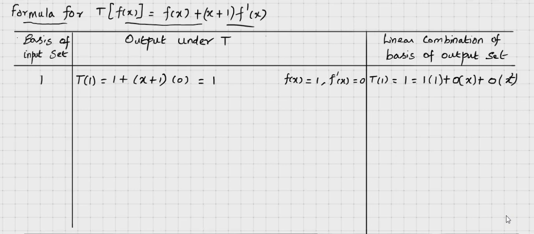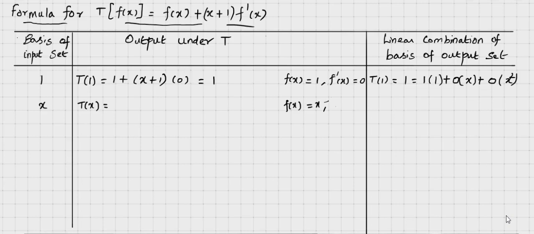Now what is the second element in the basis set? It is x. So what will be T of x? Here f of x is x. On the right hand side, I need two things which depend on the left hand side: one is f of x and another is f dash of x.